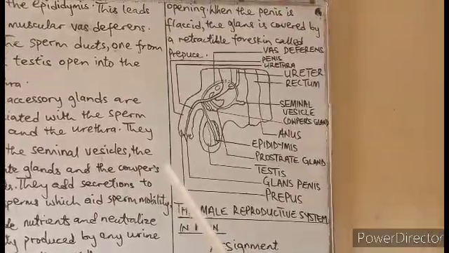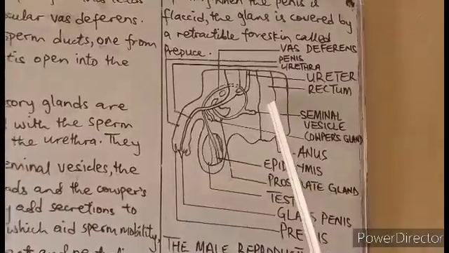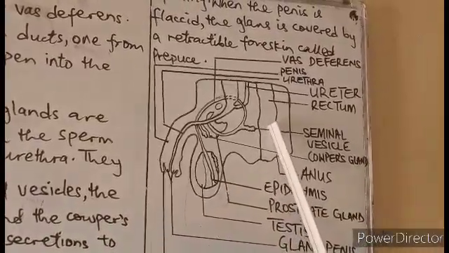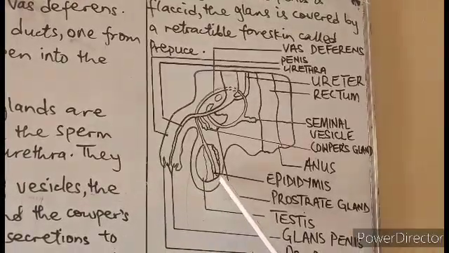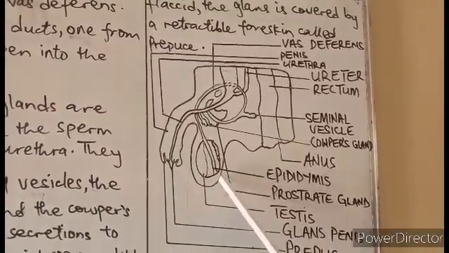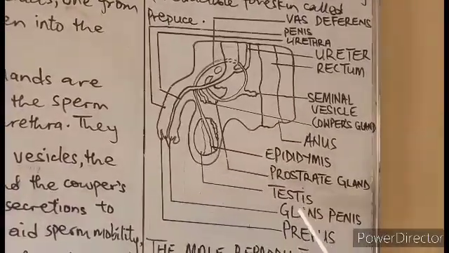Now, all these things I've been talking about are represented in the diagram you see on the board. This is the part we call the scrotal sac or the scrotum. Inside this scrotum you have the testis.